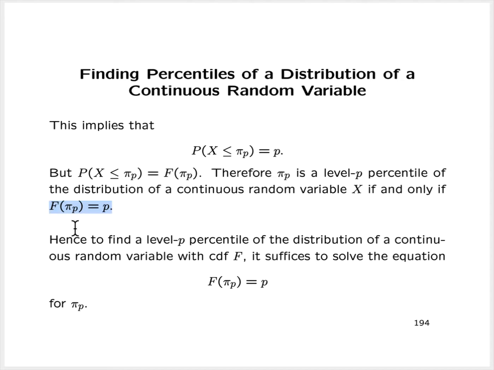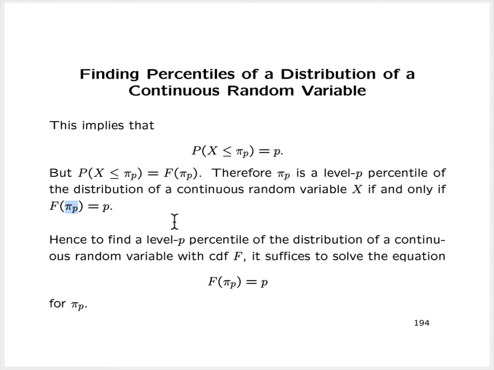So in other words, the value in the subscript of π is going to be the same value that is taken on by the CDF when we evaluate the CDF at this particular percentile.